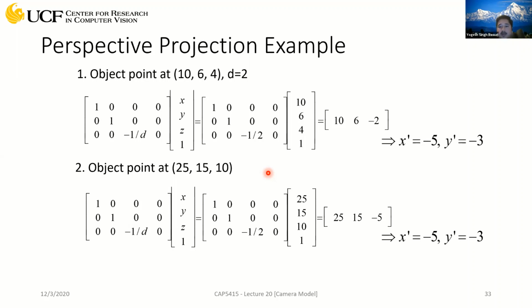And similarly, points which are off the optical axis might get projected to the same point in the image, depending upon the focal length and the aperture, right? So it's not a one-to-one mapping.